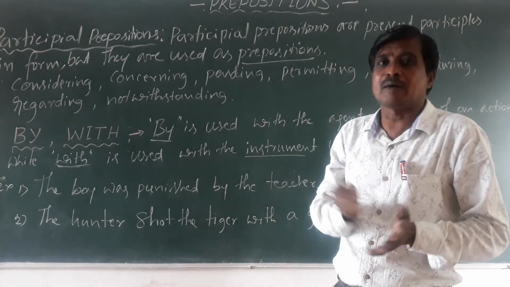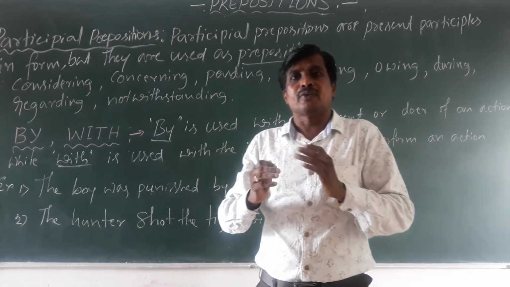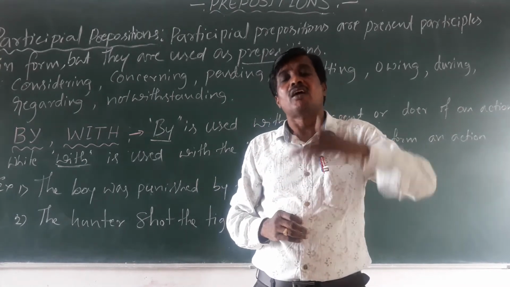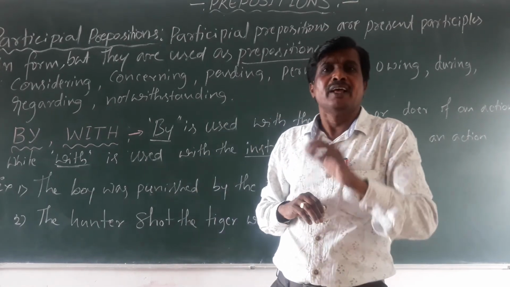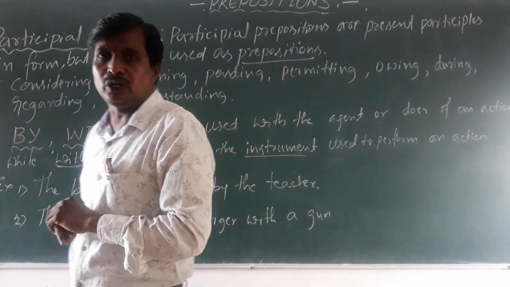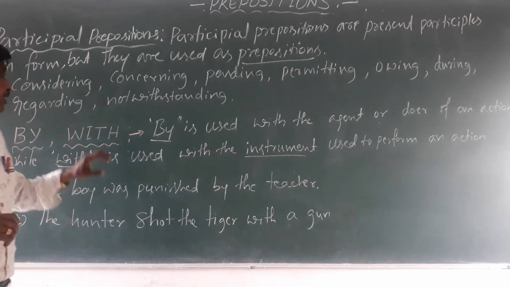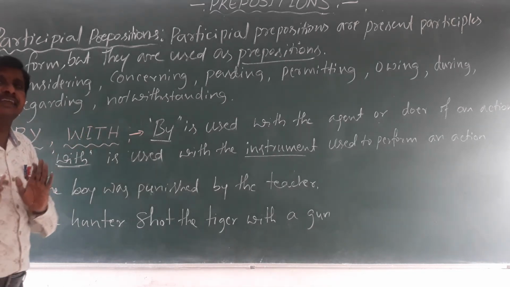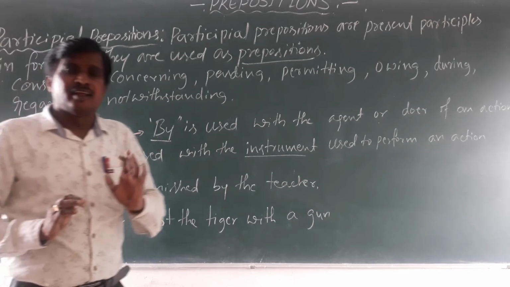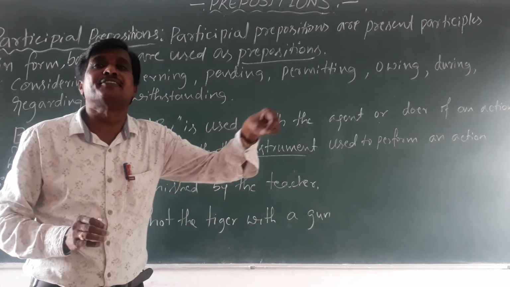You can understand. Come on, let us know with examples all simple prepositions. Okay, in simple prepositions, as I told you, by and with. Let us see what is meant by by and what is meant by with. See, usually by is used as an agent or doer of the action.